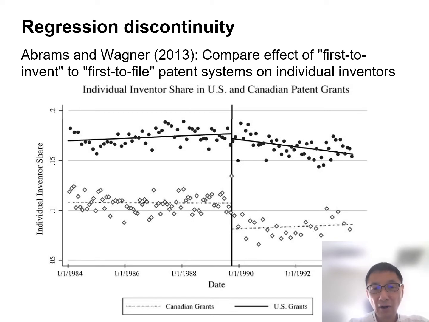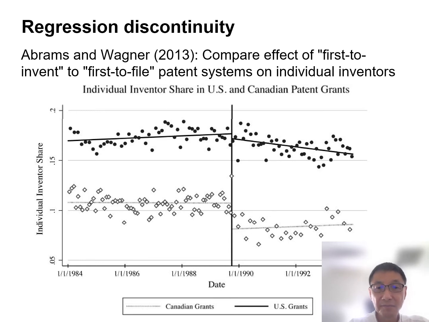They drew the following plots to compare the proportion of individual inventors amongst all inventors, the others being organizational inventors, people employed by companies or universities or research institutes. In the US, which was the top series, the solid round circles, with the Canadians, the hollow diamonds, around January the 1st, 1990, which is when the new Canadian law came into effect.